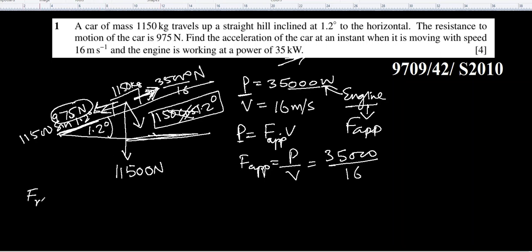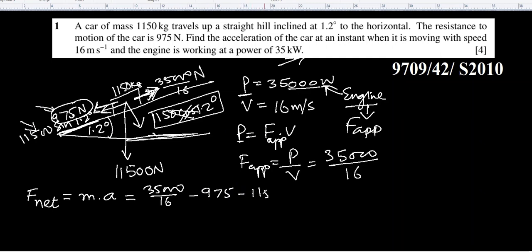Now F net is always equal to mass times acceleration. In this case, what is the applied force? 35,000 over 16. This is the applied force, but there are two forces in the opposite direction, so we will subtract those two forces.